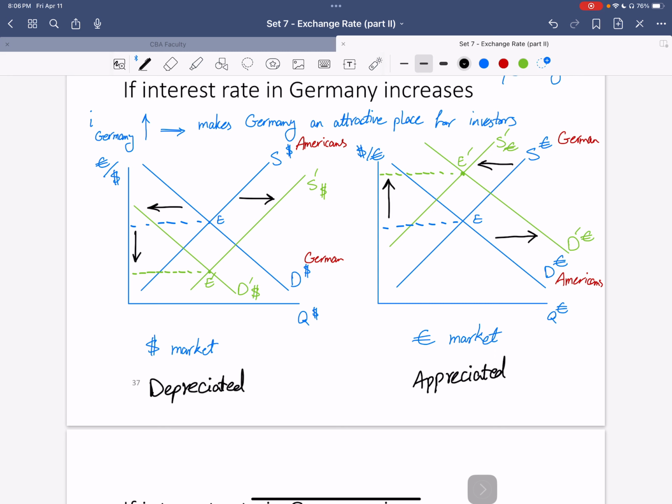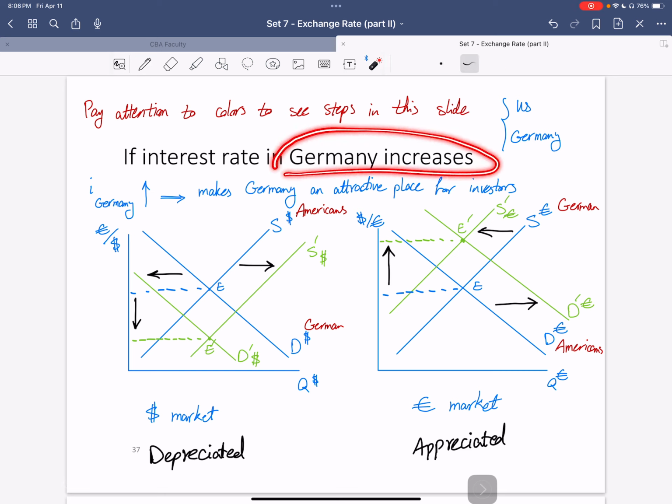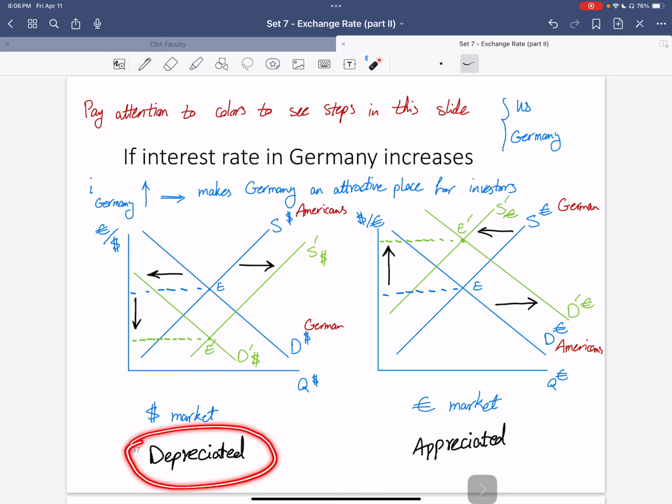So the second factor that we just discussed was the effect of interest rate. If the interest rate in one country increases, in that country we will see an appreciation of their currency, and we will see the depreciation of the currency of the other market, which has lower interest rate.